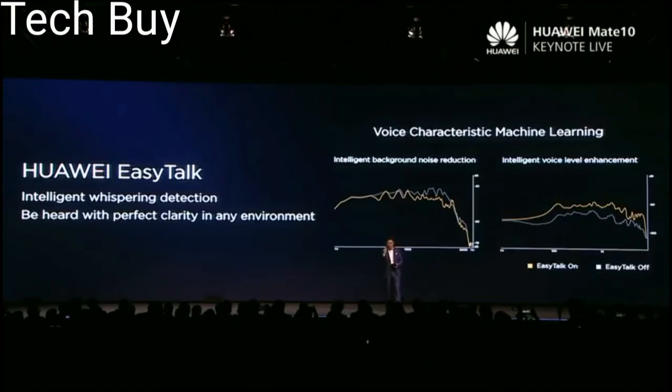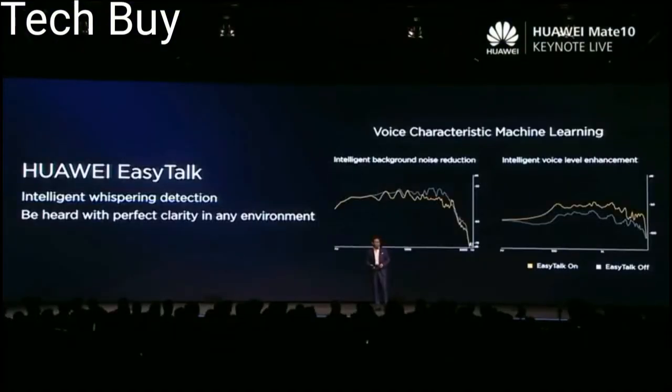We have the engine, intelligent background noise reduction, and also the phone knows you and can identify that you are speaking, not other people making noise. Even if you are whispering, not speaking loudly, in a noisy area, it can enhance your voice because the phone knows you. You are the owner of this phone. The phone is learning from your voice. It understands you. We call it Easy Talk. Another AI engine, we can bring the value to you. But actually, the AI can do a lot of things with this capability.